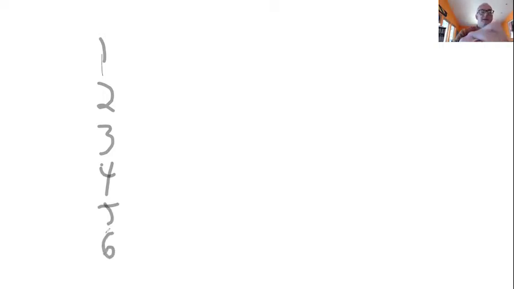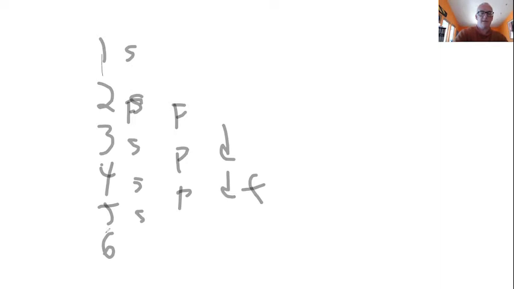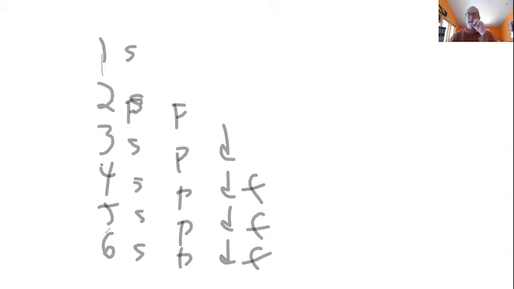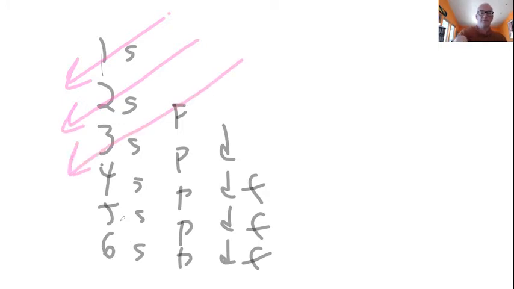And then across, you go S, P, well, wait a minute, S, P, S, P, D, S, P, D, F, S, P, D, F, S, P, D, F. And then the order in which they're filled, we use arrows going down at a diagonal like this. So is this looking a little more familiar?